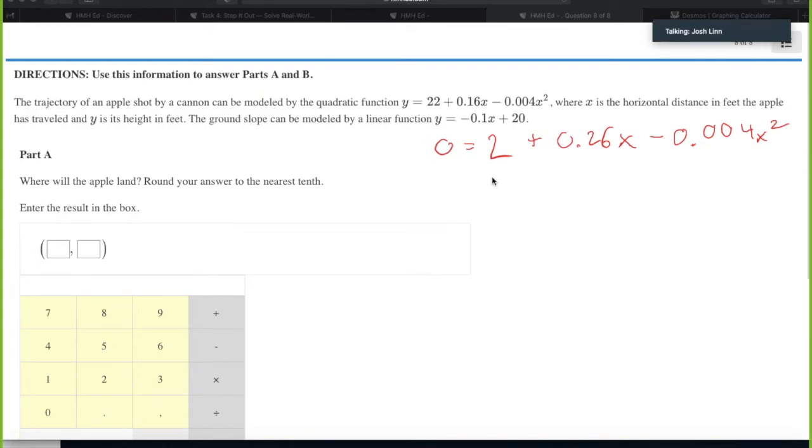So let's just shove it into the quadratic formula, and we'll go from there. So negative b plus or minus square root of, whoops, that's wrong. B squared minus 4ac all over 2a will solve this equation.